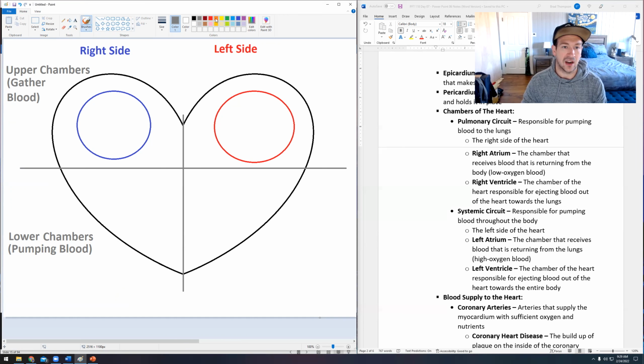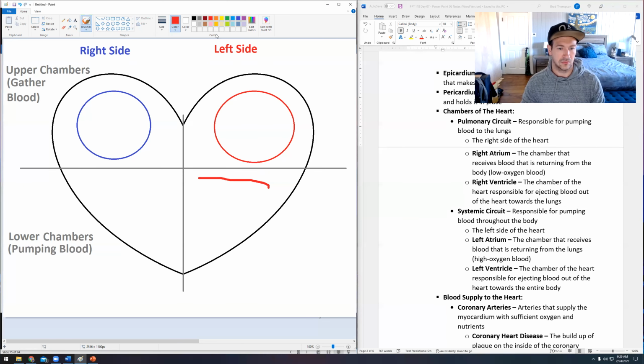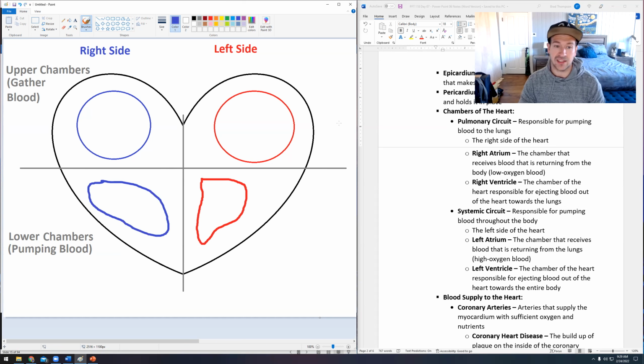And that's where we get our different chambers here. We'll put a big old chamber here, and then we'll put a blue one down here. So there's our various different chambers of the heart. The upper chambers are gathering blood, and the lower chambers are pumping blood away, right?